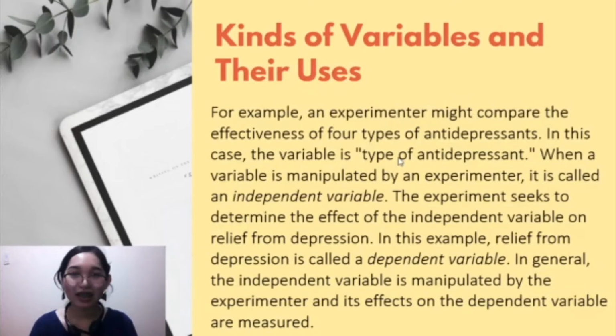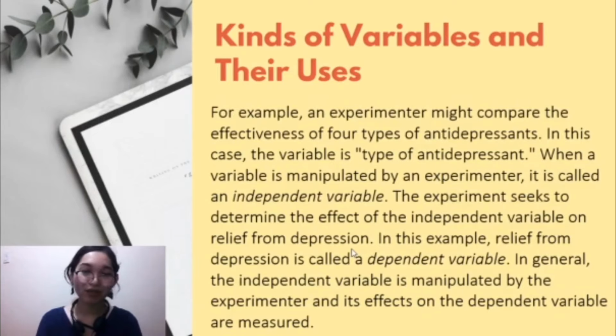Now, the question is, is it an independent or dependent variable? When a variable is manipulated by an experimenter or the researcher, it is called an independent variable, as what I've said kanina. The experiment seeks to determine the effect of the independent variable on relief from depression.